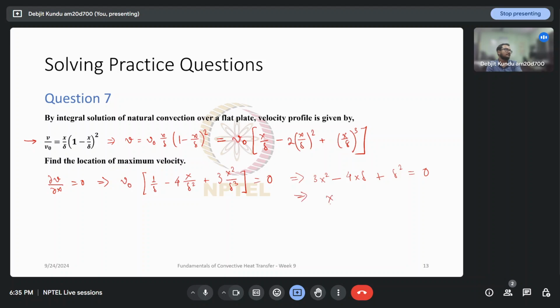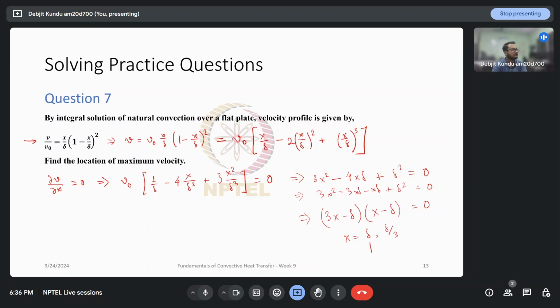I can split this middle term as minus 3x delta minus x delta. So I can take 3x common and minus delta common, and here I'll have x minus delta equals 0. So x has two solutions, at delta and at delta by 3.